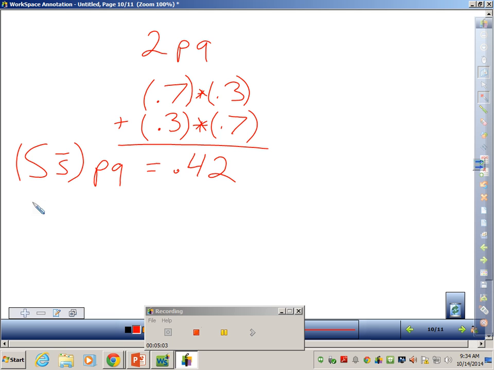You guys get that? And then the last one. Based on this analysis, is the African population in Hardy-Weinberg equilibrium? Justify your answer. Do I know that based on just this information? Not really. I'd have to have another generation to compare it to.